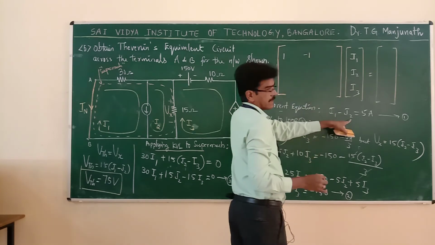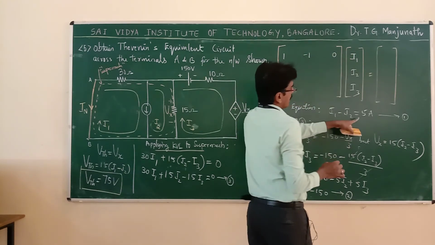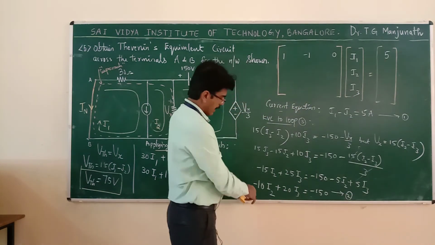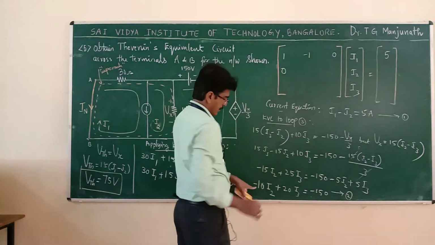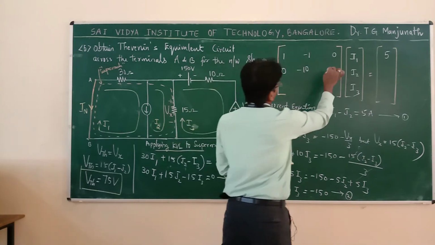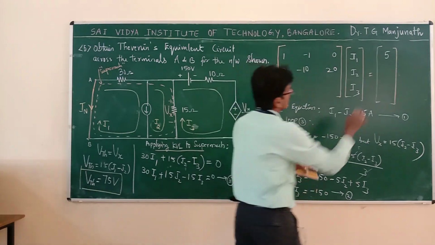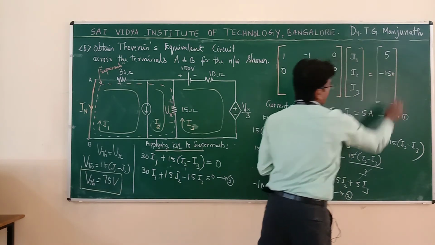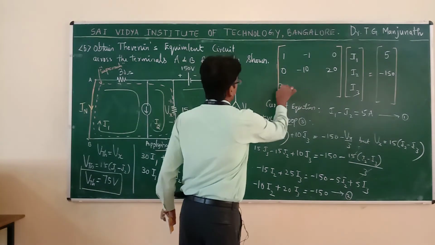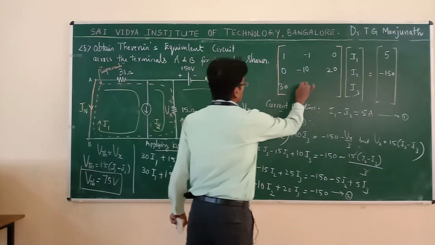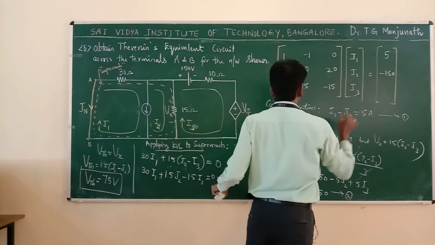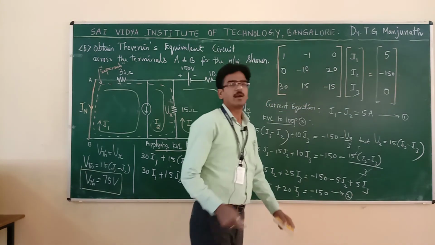Minus 1. I3 is not there, put 0. Right hand side 5. Next, second equation: I1 is not there, put 0. Coefficient of I2 minus 10, I3 20, right hand side minus 150. Last equation: I1 coefficient 30, I2 coefficient 15, I3 minus 15, right hand side 0.